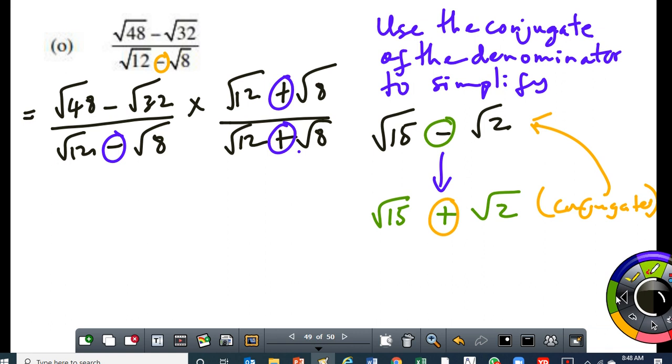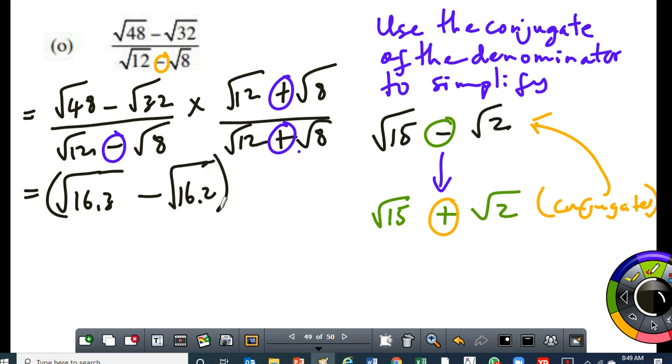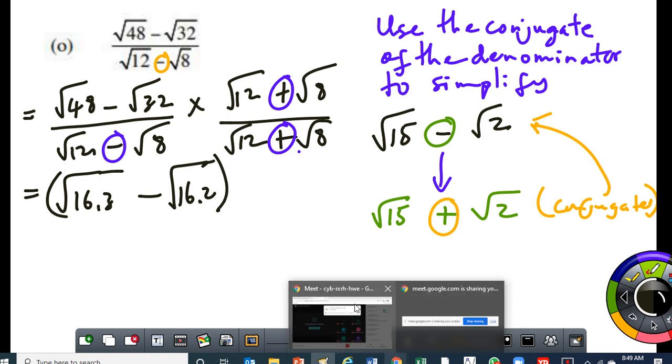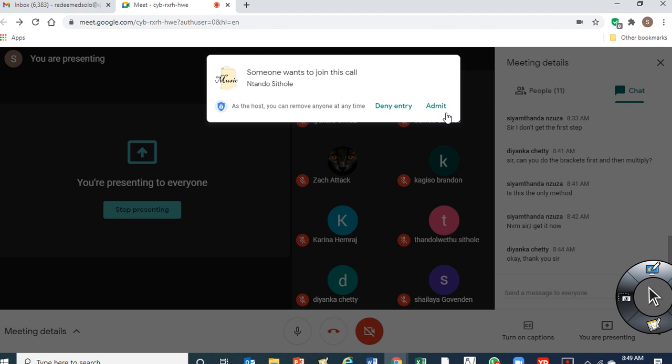So it's again a mathematical manipulation that you can use. Now, to simplify this, you have to use your knowledge of algebra. This is a binomial. So I'm going to convert the square root of 48 to the square root of 16 by 3. And then I'll convert the square root of 32 to the square root of 16 by 2. Okay? Right?